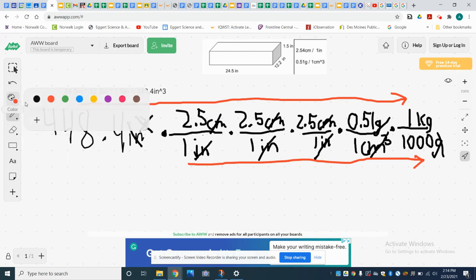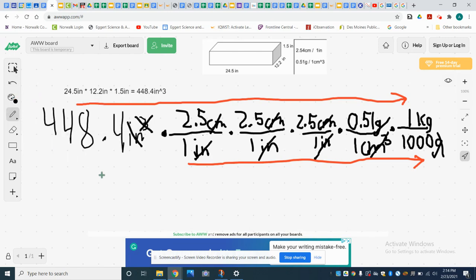So if I do this, I'll do it live. 448.4, and I'm going to multiply across the top 2.5 times 2.5 times 2.5 times 0.51, technically times 1 kilogram, and I get 3,573.